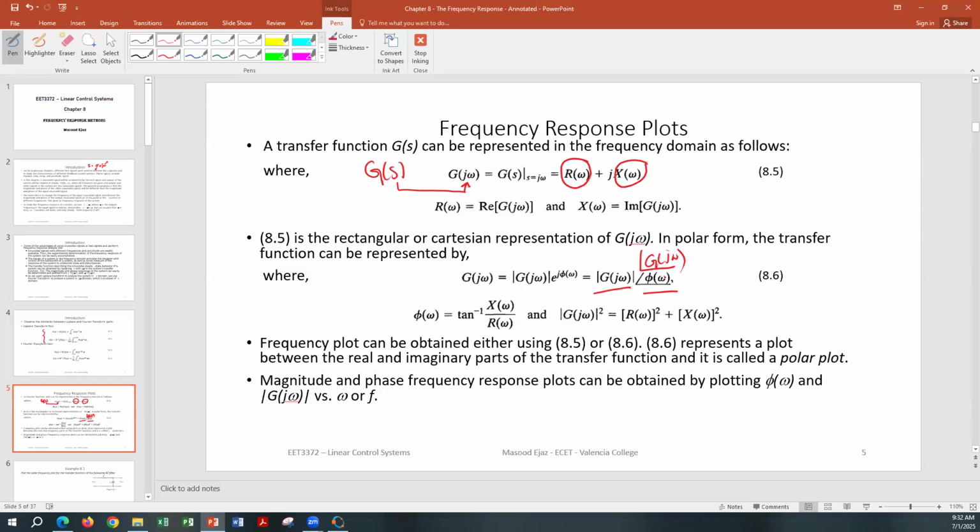Anybody remember what you have to be careful about if you're calculating phase using tangent inverse? If you're calculating the phase of a complex number using that formula, which is the basic formula for calculating the phase of a complex number, what do you have to be careful about? Quadrant, yeah.